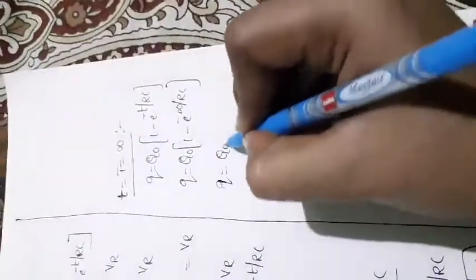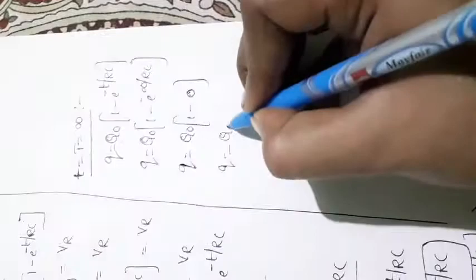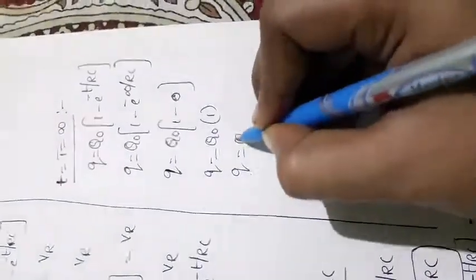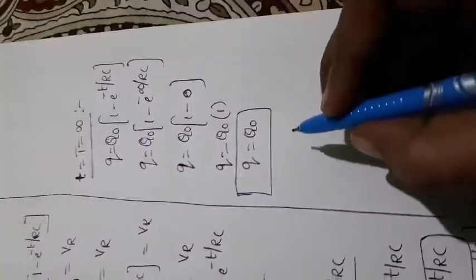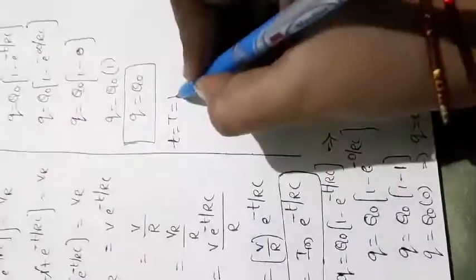Just remember that e power minus infinite value means 0. So 1 minus 0, and we get Q is equal to the maximum charge, that is capital Q naught. And the next one is the last condition, t is equal to RC, which we need to substitute here.